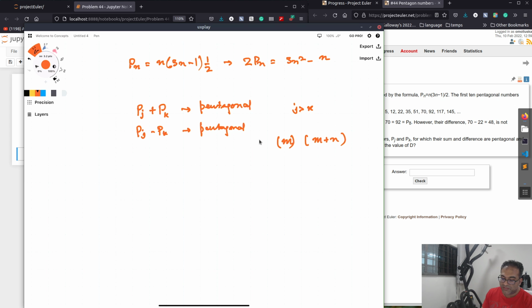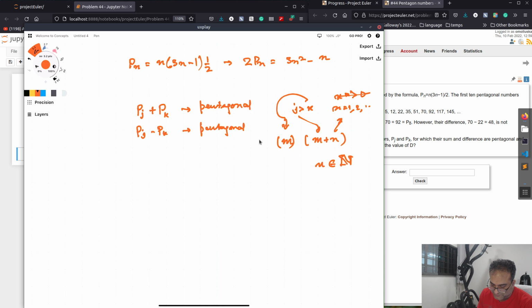Now j is m plus n and k is m, that way j is always going to be greater than k, assuming that n is greater than 0, that is n equals 1, 2, and so on, within the set of natural numbers.